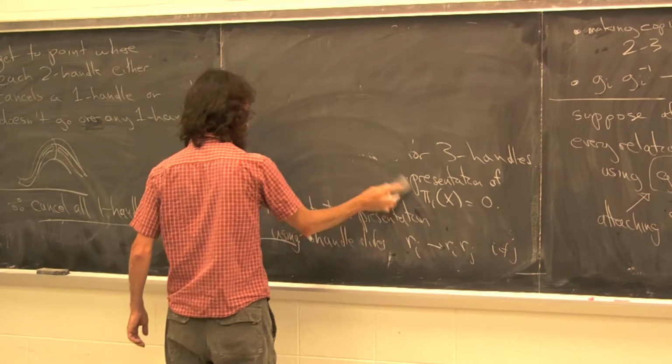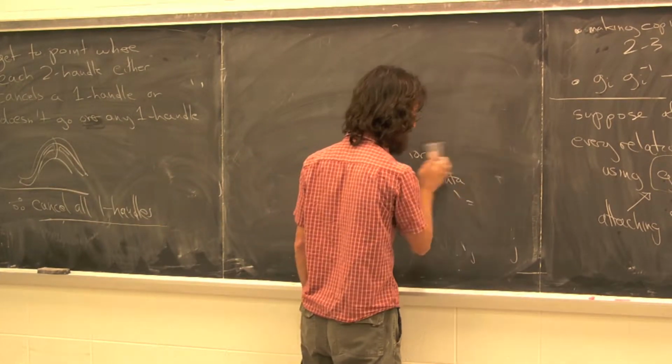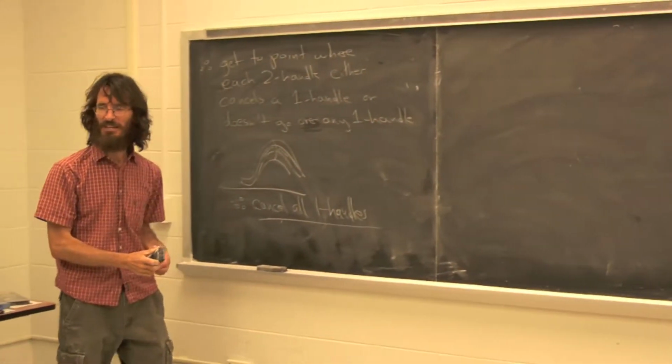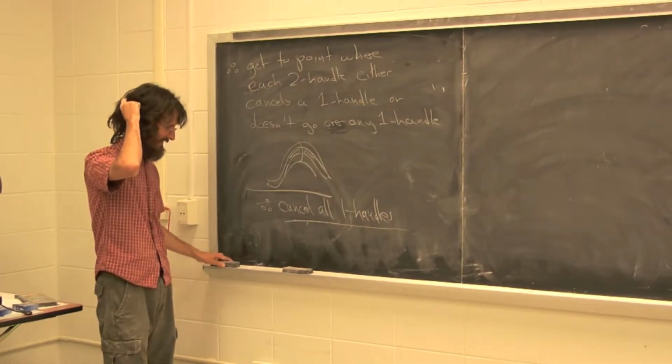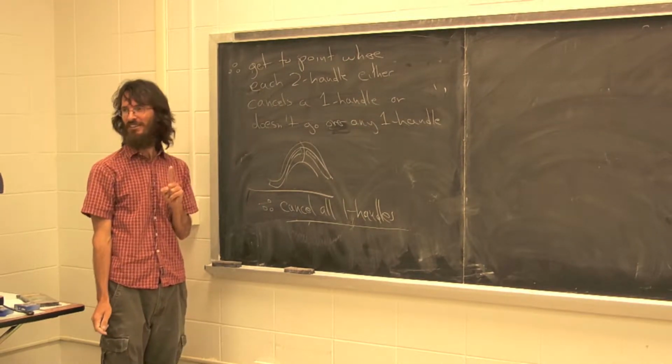So now we move on to the higher handles. And as I mentioned before, should we want it, we can do the same. We want to make sure that putting 3 handles in works.